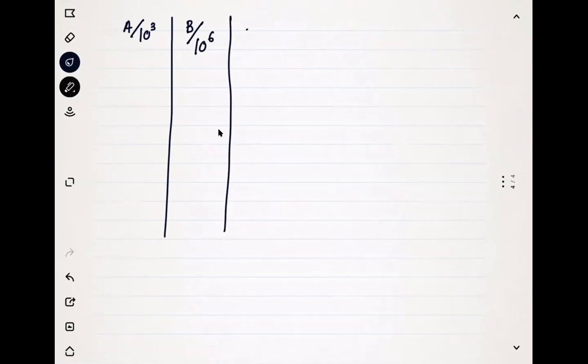Another example could be, we have three values. A is given in 10 power 3. Then we have another value B, given in 10 power 6, for example. Then we have a value C. And the value to be calculated is D, that is equal to A square B over C cube.